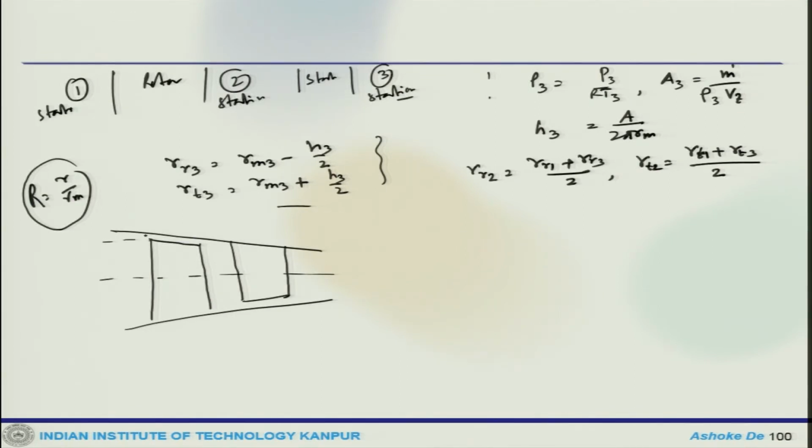So, if you talk about this, this is sort of H 1, this is H 2, this is R m, and this is H 3. So, this is how it is. Now, once we get A and B, from there we get V theta 1, V theta 2, and these are already calculated. Now, the axial velocities also can be calculated using the information. So, that is how we do that.